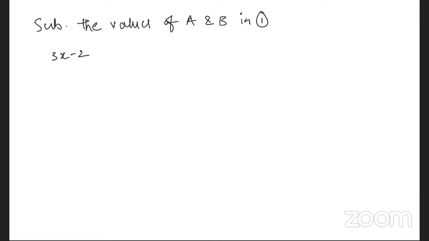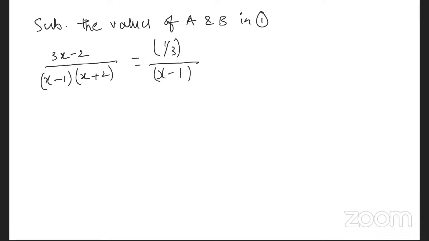So (3x minus 2) by (x minus 1) into (x plus 2) can be written as 1 by 3 divided by (x minus 1) plus 8 by 3 divided by (x plus 2).